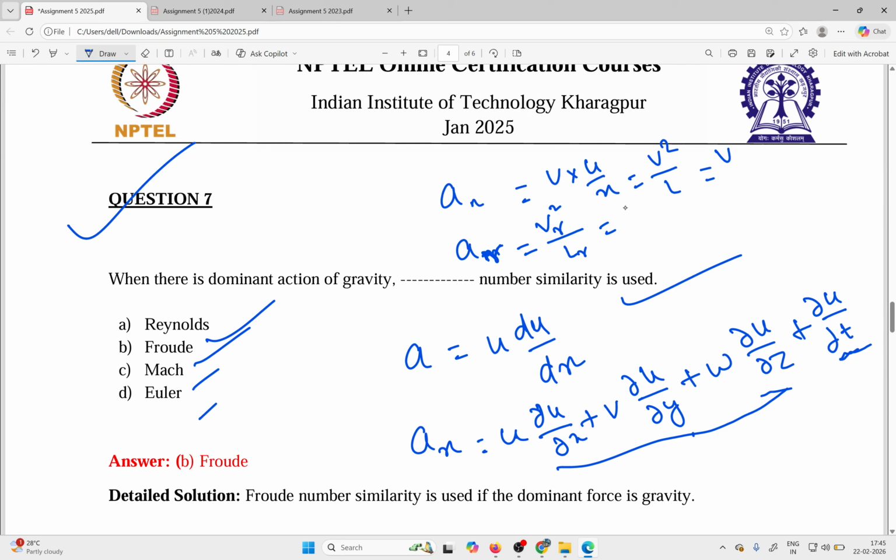VR square is nothing but LR, and LR is nothing but TR square. This is a very simple explanation.